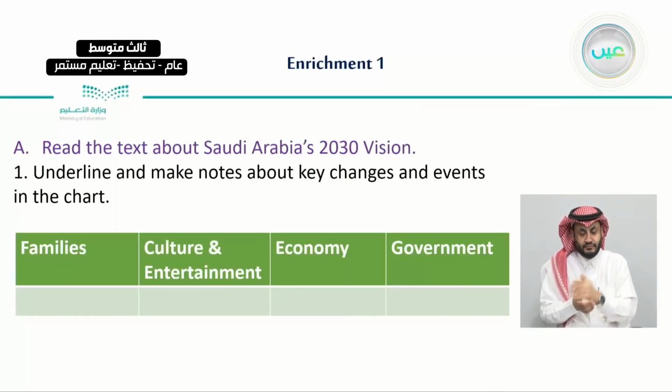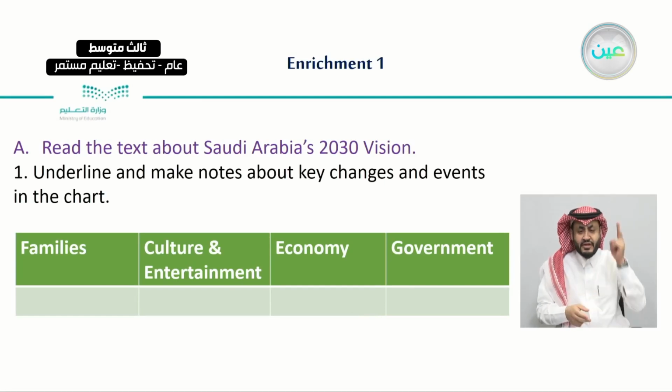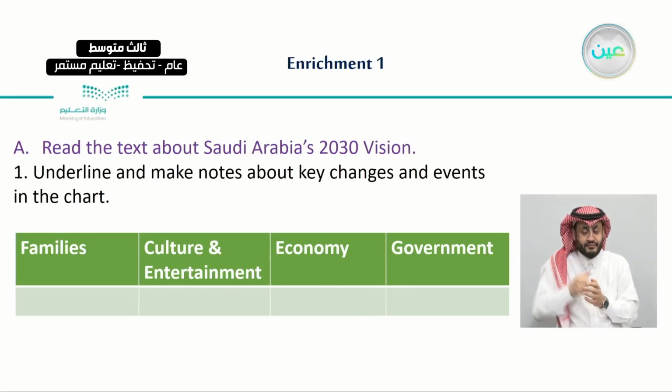And also after this, we went to writing to read the text about Saudi Vision 2030, where we underlined and made notes about the key changes and key events in the chart. We have a chart similar to this, where we have four parts.